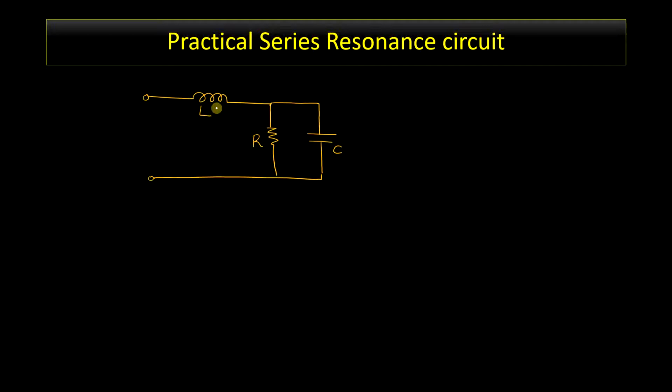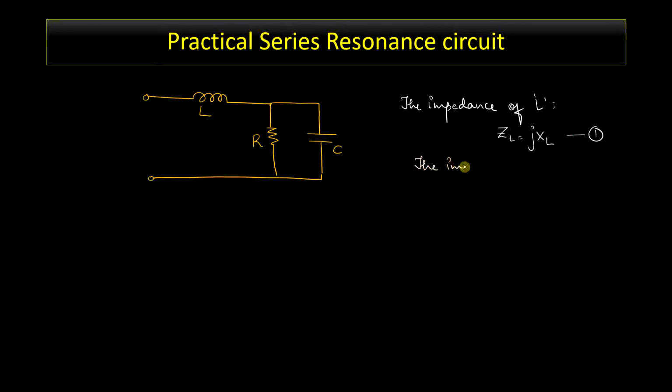So we have the first circuit element to be the inductor. So the impedance of the inductor can be written as ZL equal to jXL. Let me name this as equation 1.